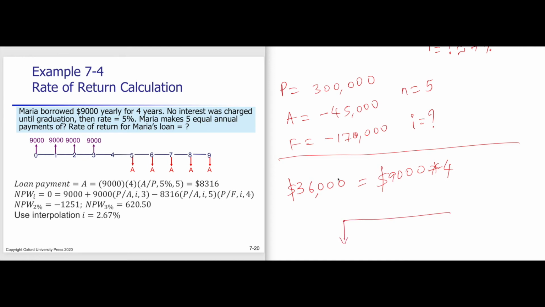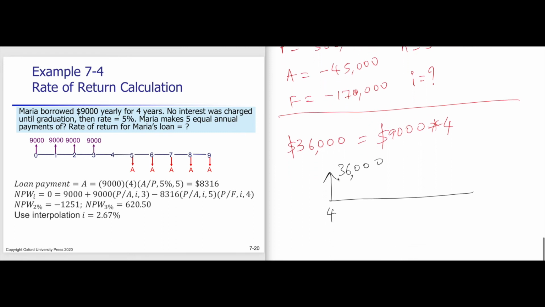At the end of 4th year, she borrowed $36,000, a positive cash flow, right? So let me erase this part here. That's the amount she borrowed from the bank. Now she has to repay in the 5th, 6th, 7th, 8th, and 9th years. This is A.